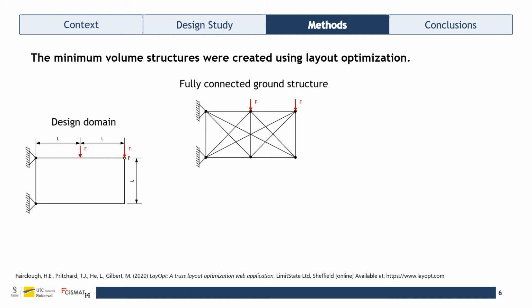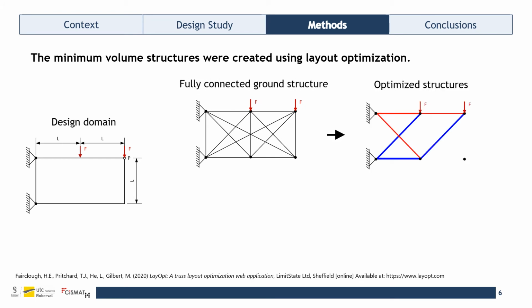The optimization algorithm based on linear programming then determines an optimized configuration of members and also determines the cross-sectional areas. Members under tension are shown in red and members under compression are shown in blue. With a porous ground structure like this, the obtained solution is far from the global optimum.